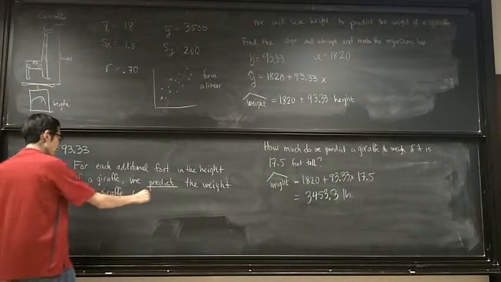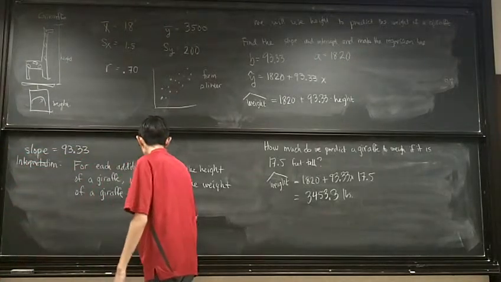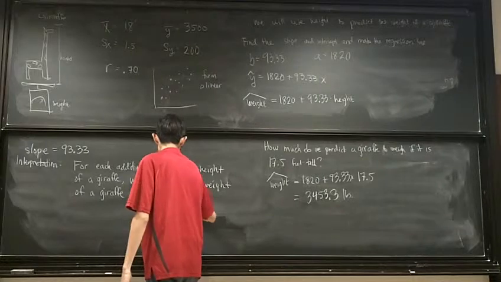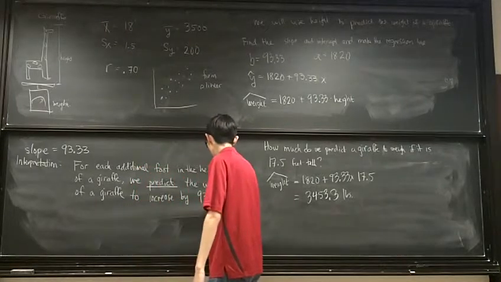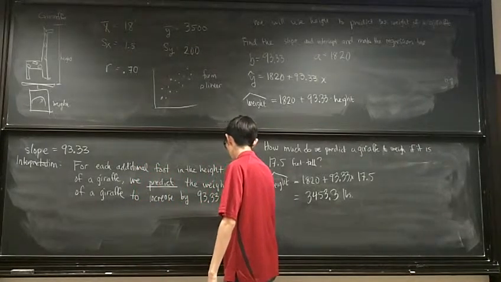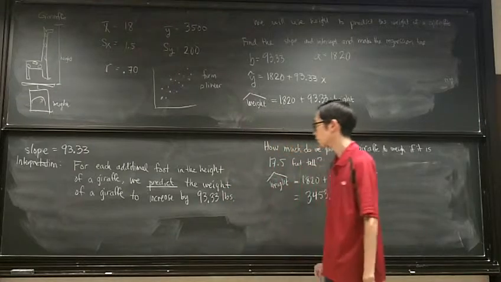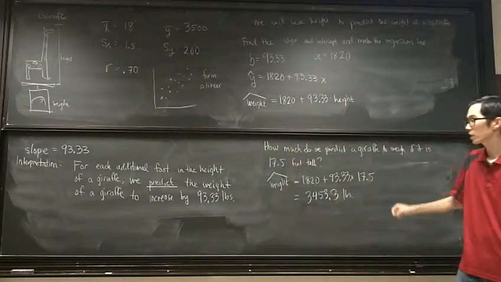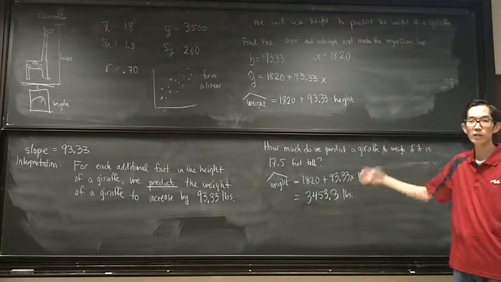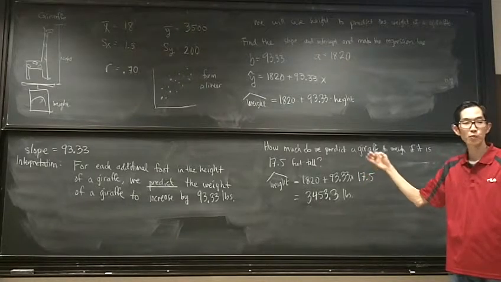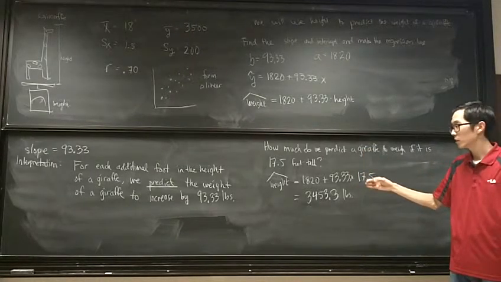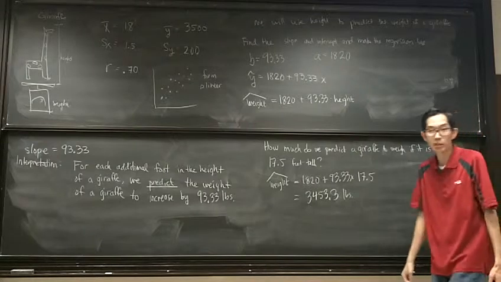So we predict the weight of a giraffe to increase by 93.33 pounds. That is the interpretation of the slope, okay? For each additional unit of x, we predict y to change by the amount of the slope.